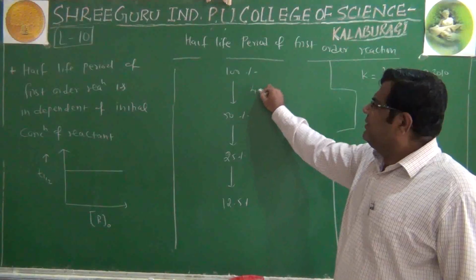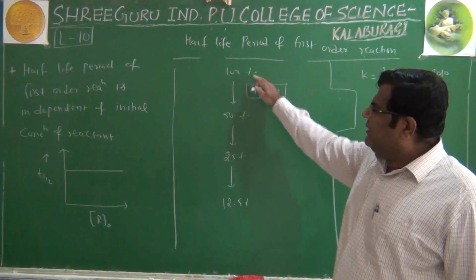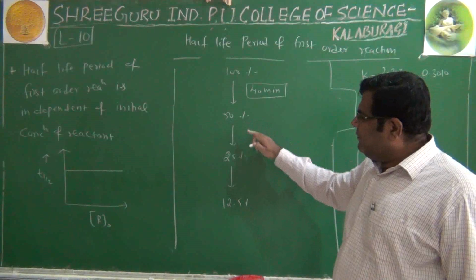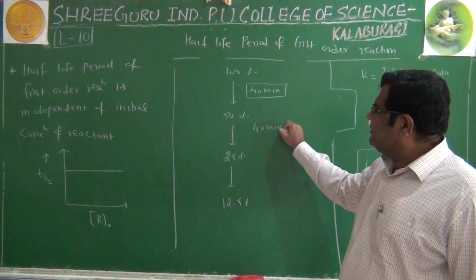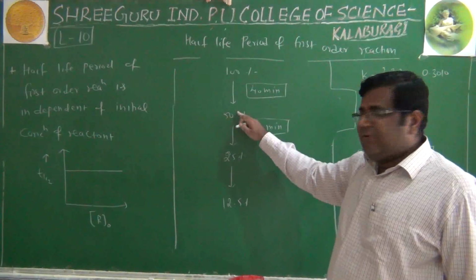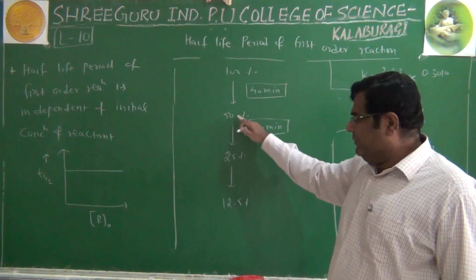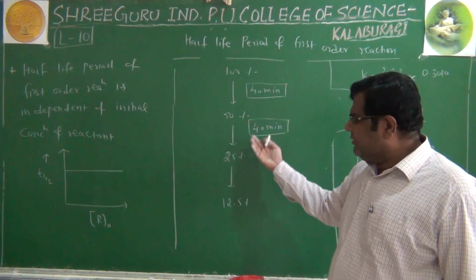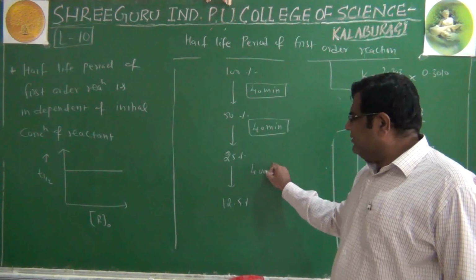If it is 40 minutes from 100 to 50%, from 50% to 25% again it is 40 minutes, because it is independent of the initial concentration from which it is getting reduced. From 25% to 12.5%, 40 minutes.